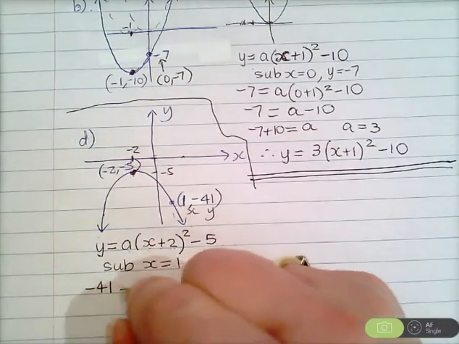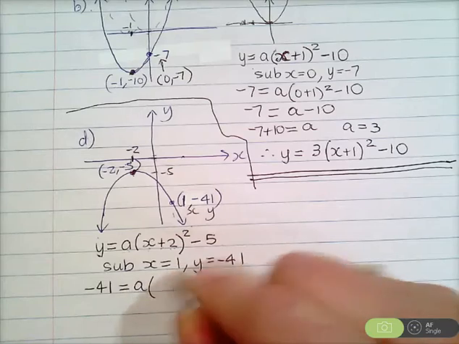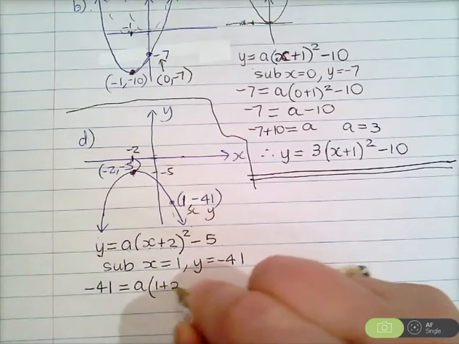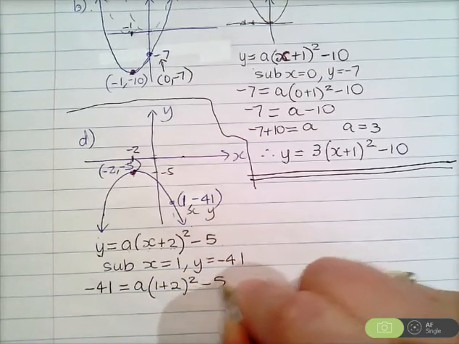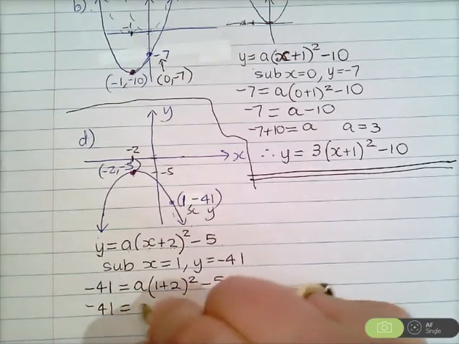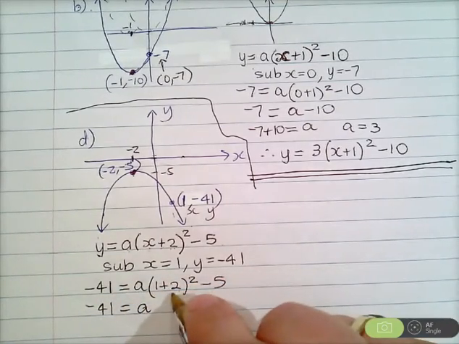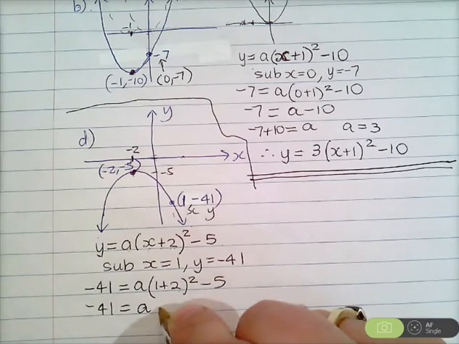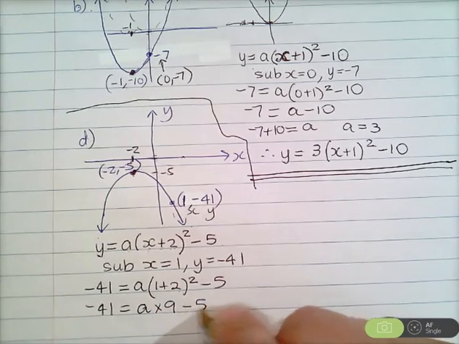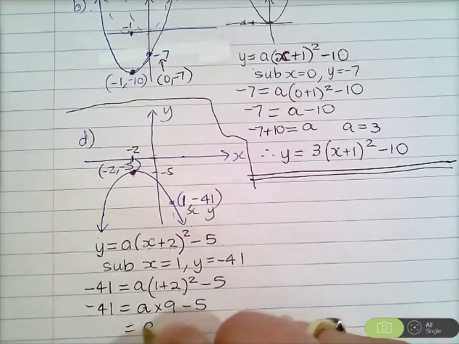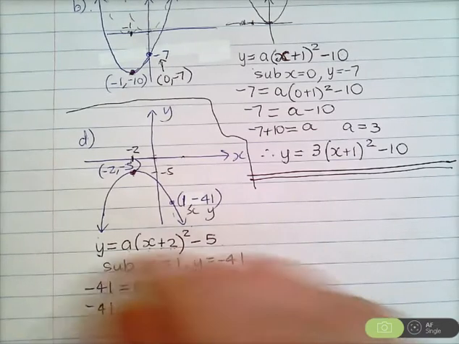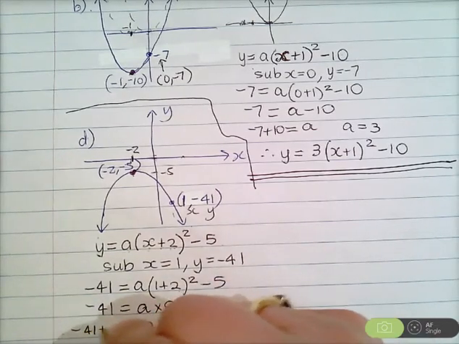-41 equals a times (1 plus 2) squared minus 5. So -41 equals a times, now 1 plus 2 is 3, 3 squared is 9, so a times 9 minus 5. Now a times 9 is 9a, so I'll take the minus 5 over to the other side to make it plus 5.